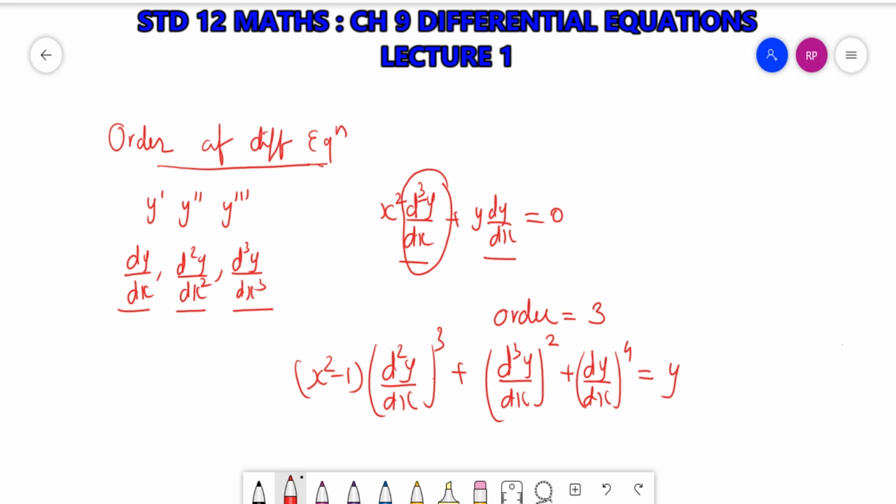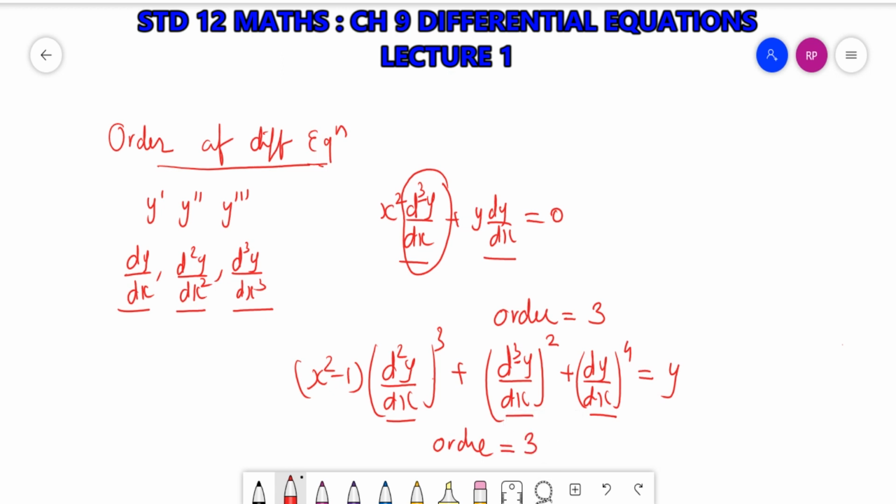Now the orders here are second, third, and this is first order. Which is the highest? This one. So the order is equal to 3.